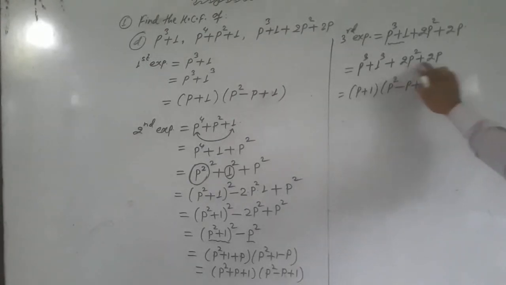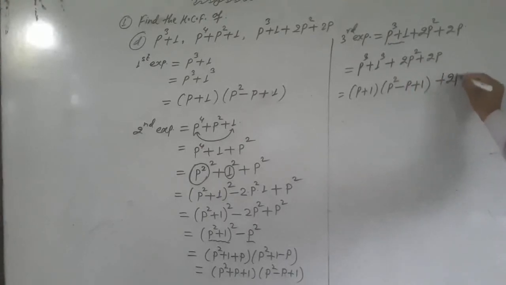From these we can take 2p common: 2 is common, p is common, so 2p common, and inside the bracket p square divided by p leaves p, plus 1 remains.